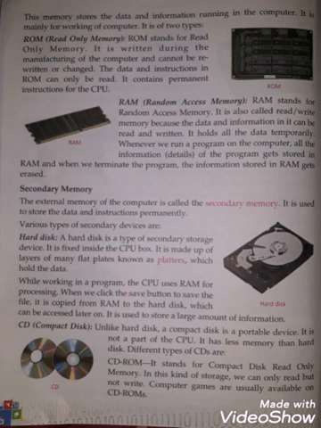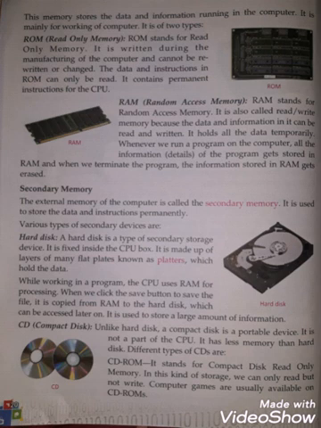ROM means read-only memory. That means by the name itself it is clear that you can read the data that is stored on ROM, but if you want to write it again, or make changes to it, that is not possible. Beta, ROM actually stores all the instructions, all the processing that is required to run the computer, right?